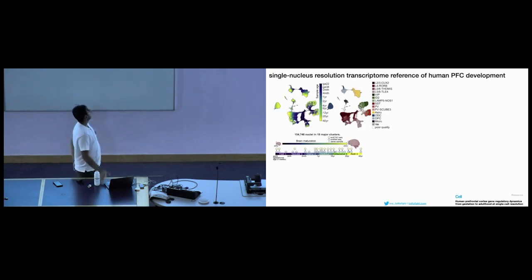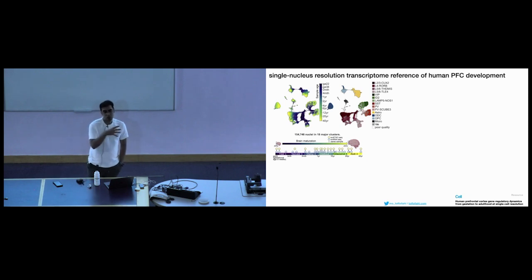And I like another example. These are not my papers, but I like to show this one, which is also quite fascinating in terms of biology. It was also published in Cell this year, by a group of researchers in Australia, where they built a single-nucleus resolution transcriptome reference for the human prefrontal cortex.